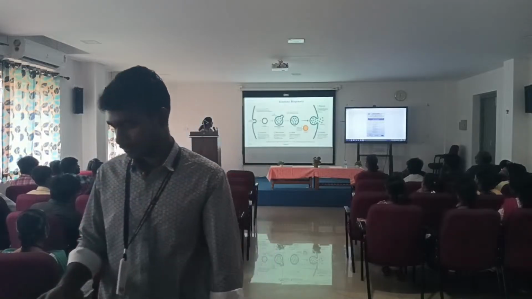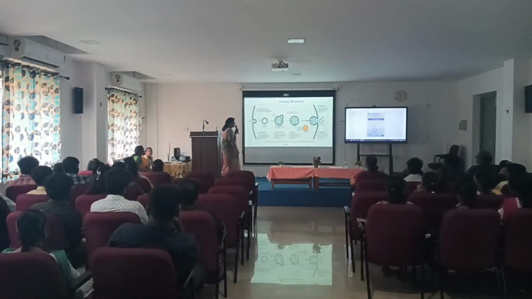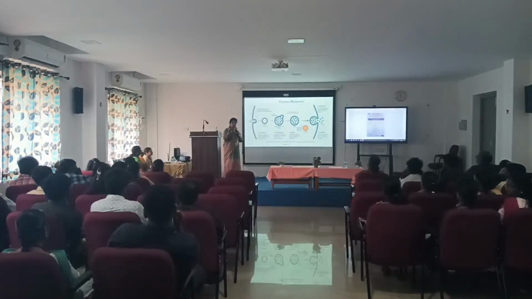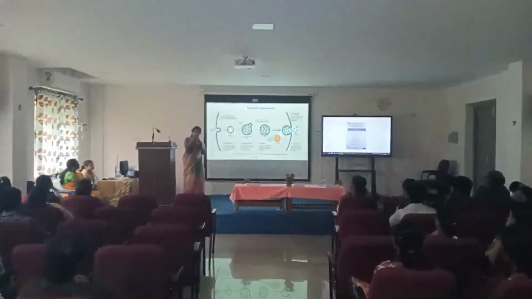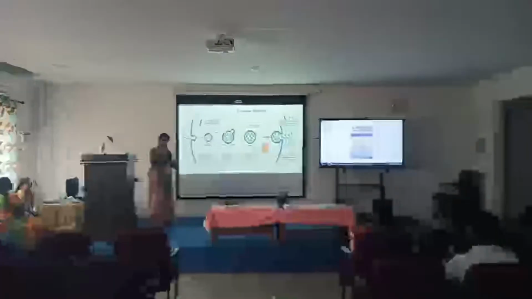Next slide. So this is what we call exosome biogenesis. In this we need to understand three processes: exocytosis, endocytosis, and pinocytosis. Since you're all PG people, I think you know the definitions. Endocytosis is basically pulling some material from the environment into the cell.